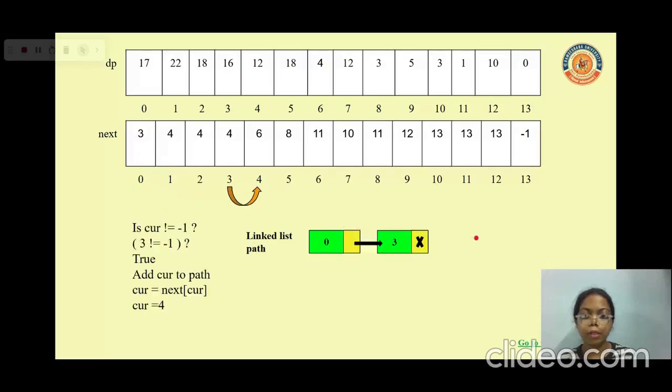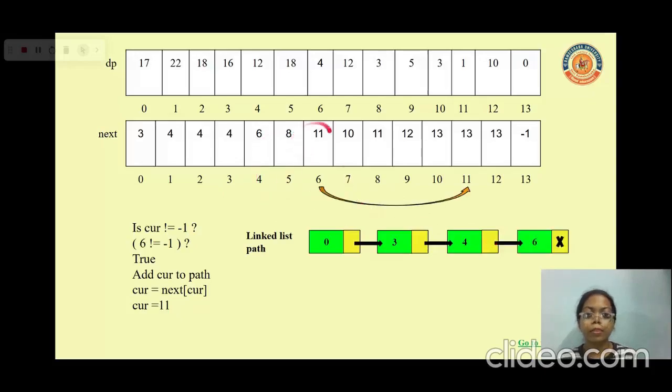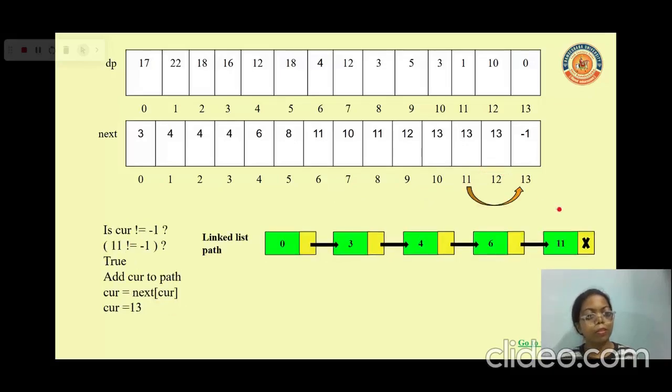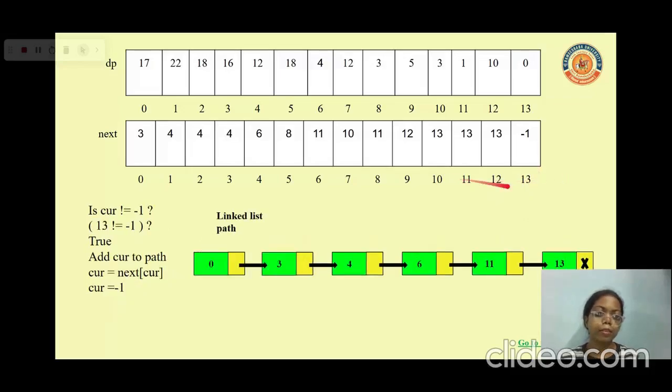I will travel to 3, and add 3, and next of 3 is 4, travel to 4, add 4, 4's next is 6, travel to 6, add 6, 6's next is 11, so 11, and 11's next is 13. So we will also add 11 and then 13, and here the iterations will stop.